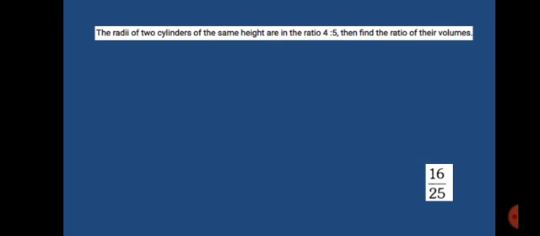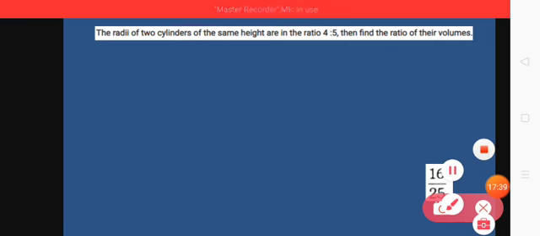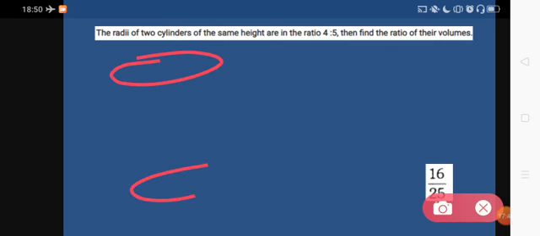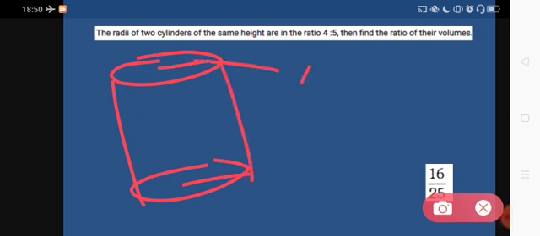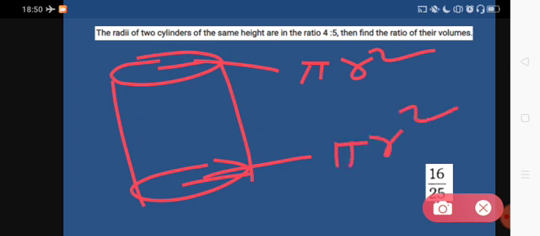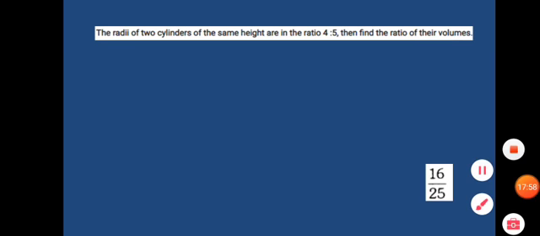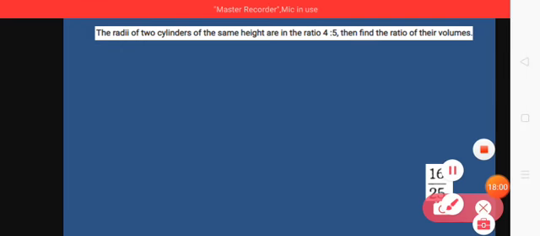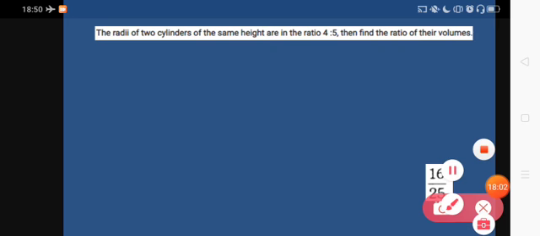Now we will look at the formulas of this. This is the radius, this is the radius. This area is pi r square, this area is pi r square, this is the height. Now we will write the first, the curved surface area.